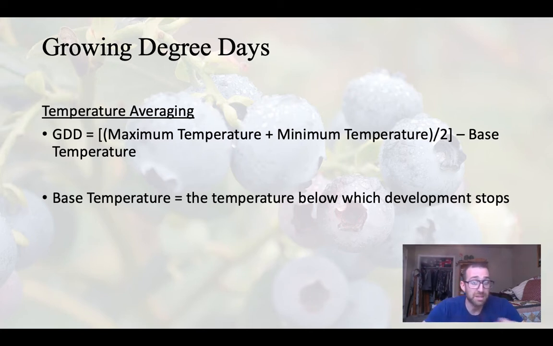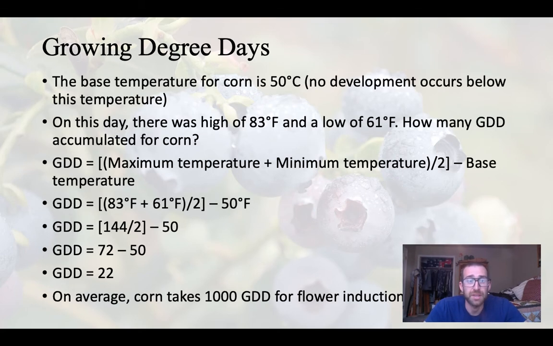Now, the base temperature will vary based on the specific plant. Remember, each of our plants has this range of tolerance for temperature within which it will grow. So there is a little bit of variation amongst our plants as to the low end of that range, below which they won't grow or develop. So you'll have to look up the base temperature for your plants if you're doing this method.